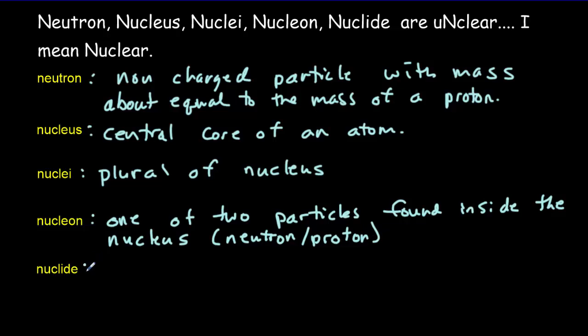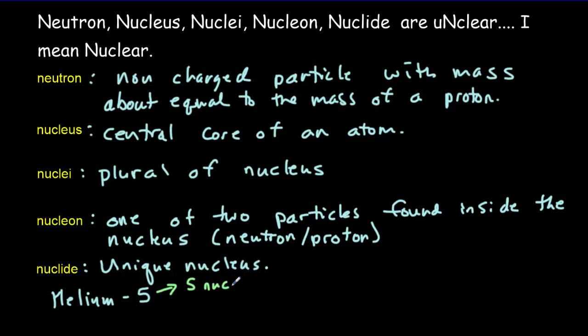And then a nuclide is a unique nucleus. So we might say things like helium-5. That would be a nuclide. It's a unique nucleus. The 5 here means there's 5 nucleons. And we'd call that the mass number, because it's the number of nucleons that gives it mass.